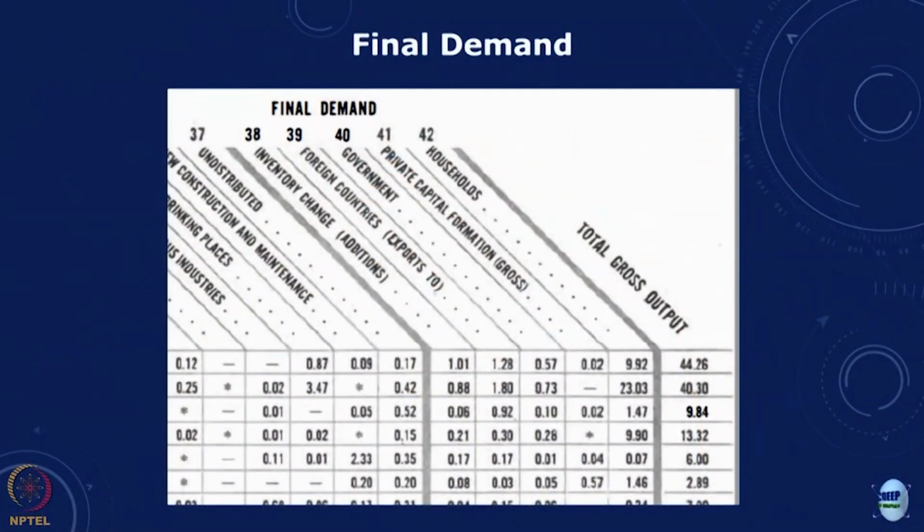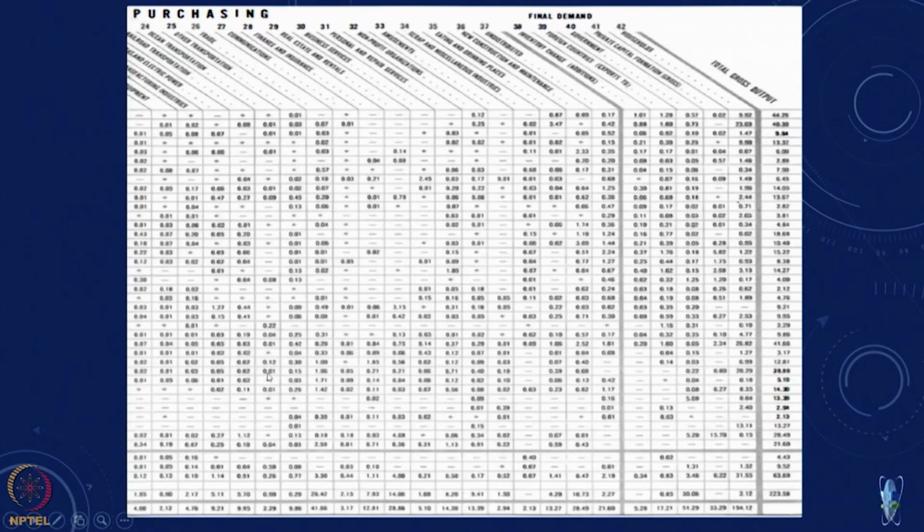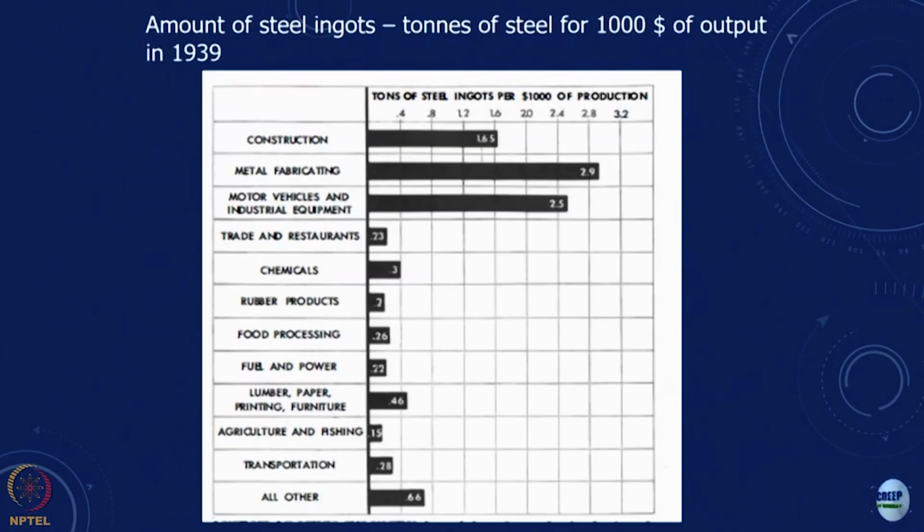Then we talked about the final demand, and when we sum this all up, it will be equal to the total gross output, the xi that we had, and this is the final demand. These are the internal demands.